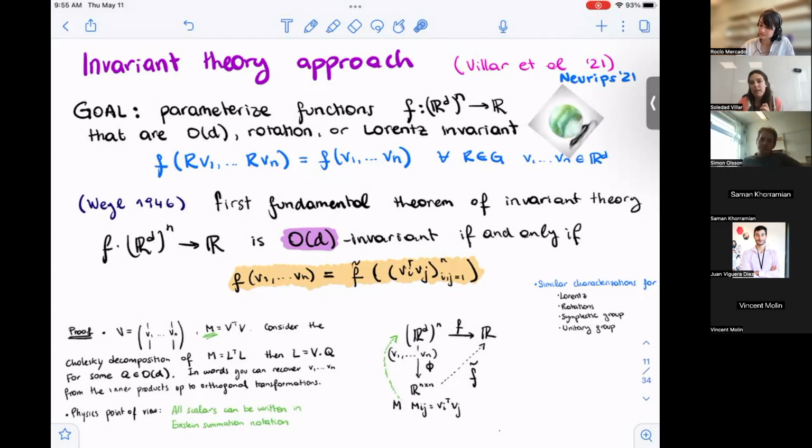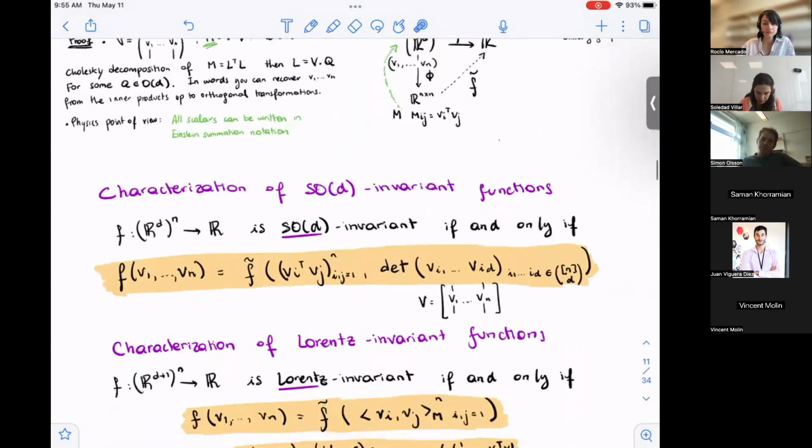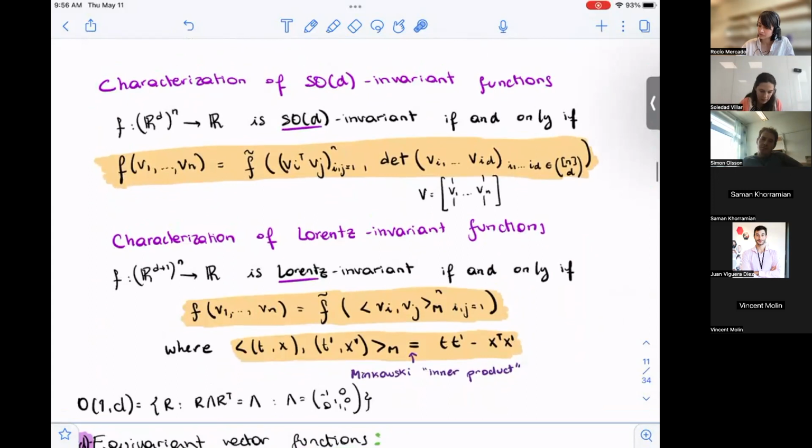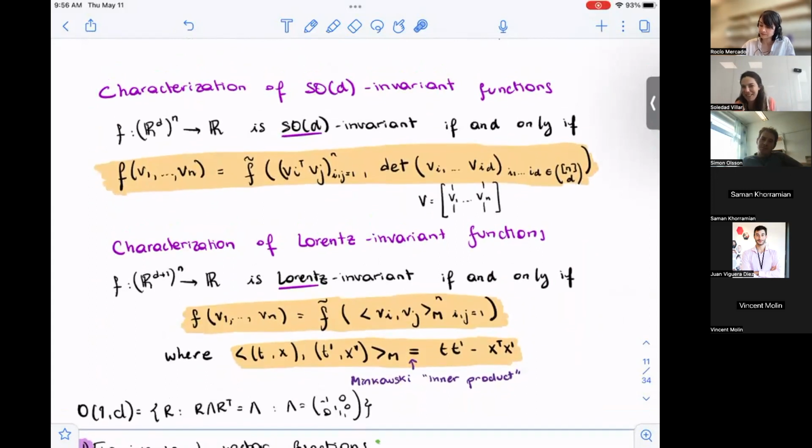In some cases, that's not the case. So for instance, I have a hidden slide here. If you look at SO(d), so it's not the orthogonal group, but just the rotations, so the determinant one orthogonal matrices.